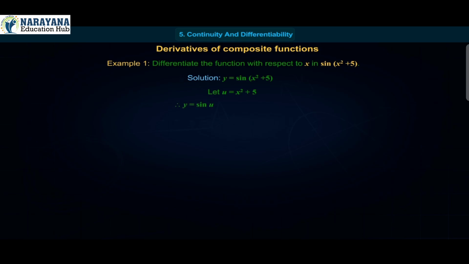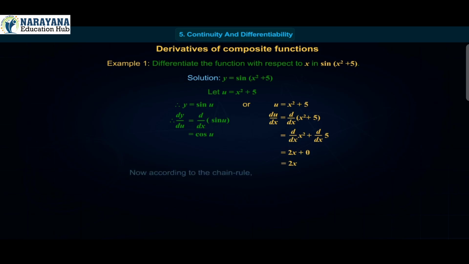Therefore, y is equal to sin u, where u is equal to x^2+5. Therefore, dy/du is equal to d/dx sin u, which is cos u. du/dx is equal to d/dx (x^2+5), which is d/dx x^2 plus d/dx 5, which is 2x plus 0, which is 2x.